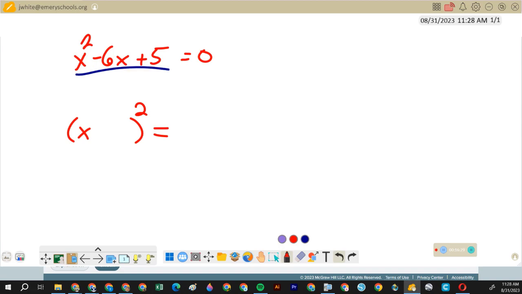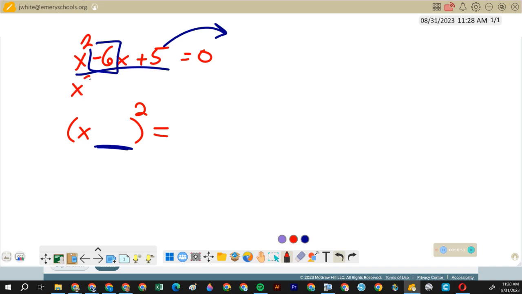Okay? So if it was a perfect square trinomial, what would go inside there? Not 2. It would need to be half of that. But because it's not a perfect square trinomial, I'm going to move this out of the way.